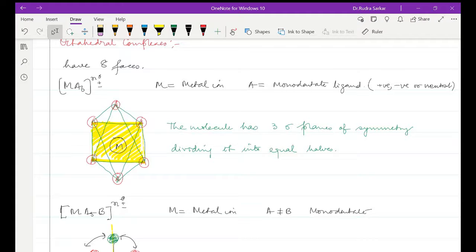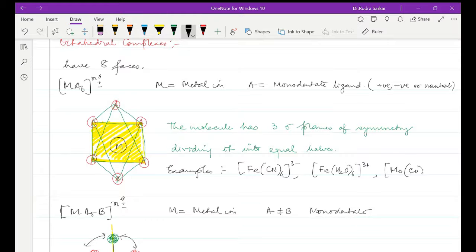So for MA6 we will say examples can be obviously homoleptic complexes, so it will be say Fe(CN)6 3 minus, or it can be Fe(H2O)6 3 plus, can be Mo(CO)6, etc.